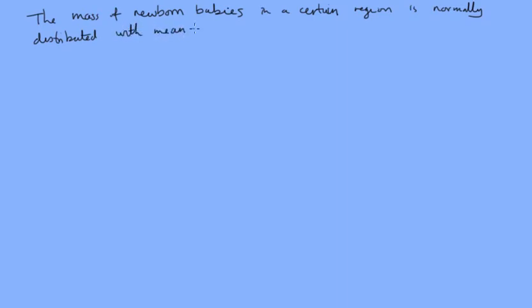The mass of newborn babies in a certain region is normally distributed with mean of 3.35 kilograms and variance of 0.0858 kilograms squared.